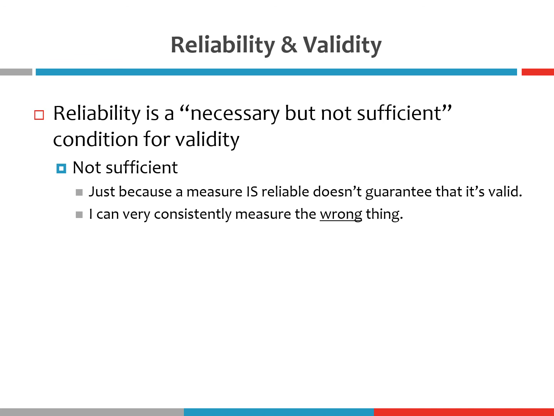You could get the same measure every single time, and in fact, I would expect you to do so. But just because that measure is consistent doesn't mean that the circumference of the head is a valid measure of intelligence, right? So just because we have reliability doesn't necessarily mean we have validity.